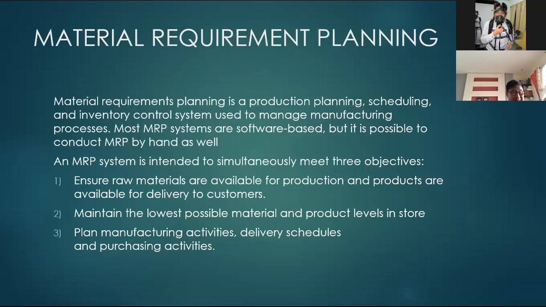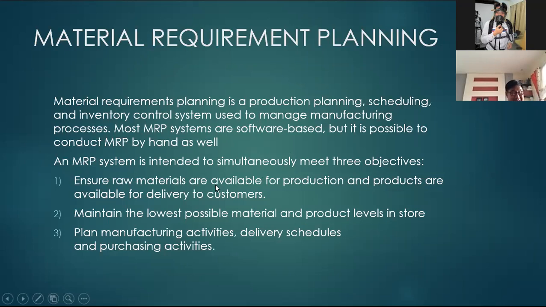What is material requirement planning? Material requirement planning is a production planning, scheduling, and inventory control used to manage manufacturing processes. Most MRP systems are software-based, but it is possible to conduct MRP by hand as well. An MRP system is intended to simultaneously meet these three objectives.